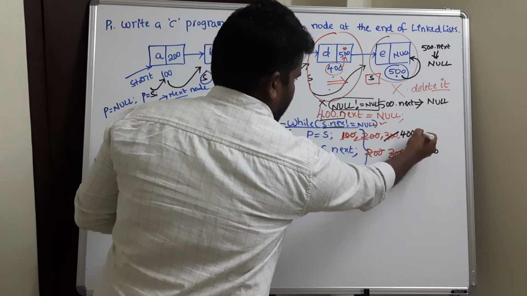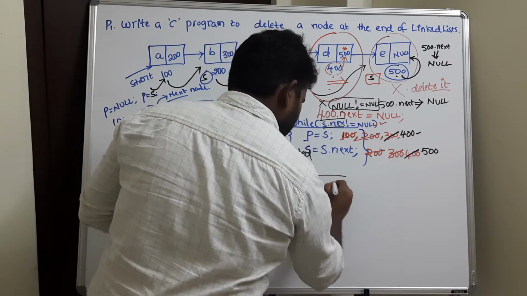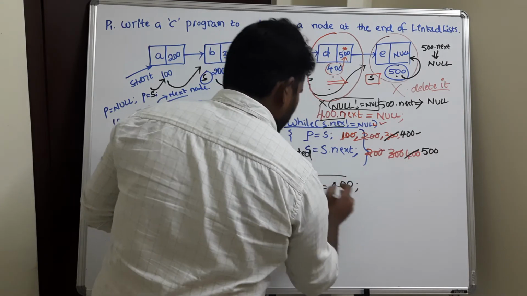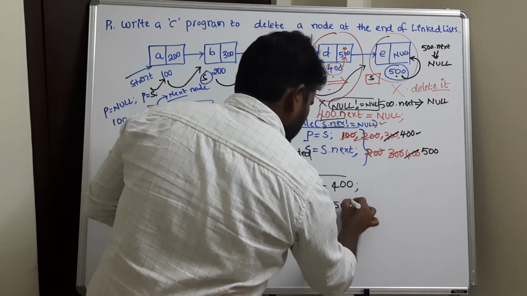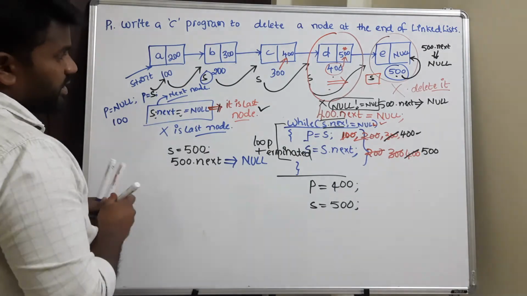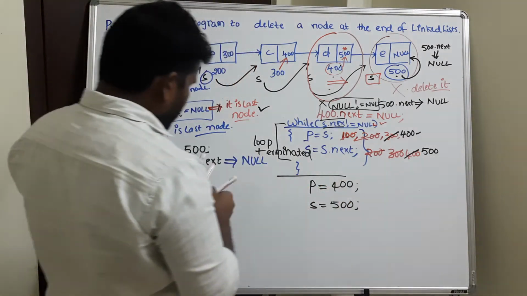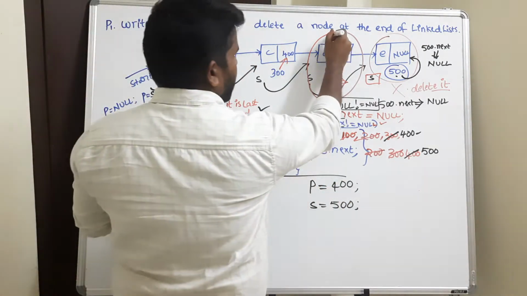So see, what is the p address? You can see it from here. It is 400. Now what is s? The s address is 500. So what you need to do is make the changes here, right?